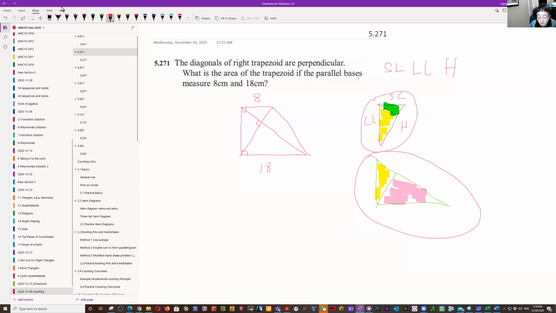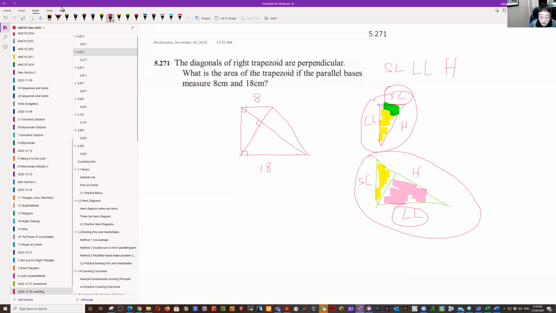And here we also have the short leg, long leg, and hypotenuse. So what we already know is this side and this side. And basically the short leg, long leg, short leg, long leg.